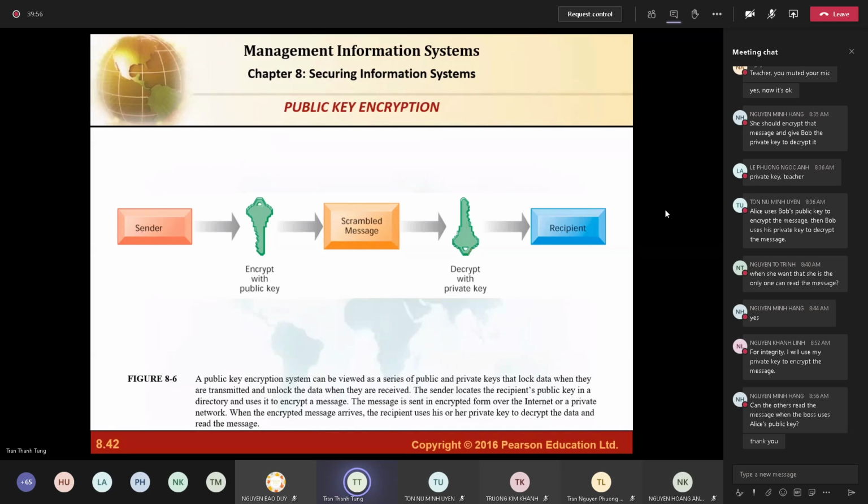Okay, let's say Facebook. And you want to make sure that only Facebook can read your message. Let's say you want to send your password to Facebook to ask Facebook to log you in. Because you don't want everyone else to read your Facebook password.